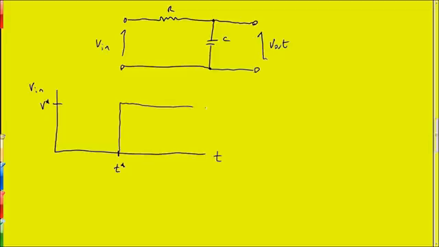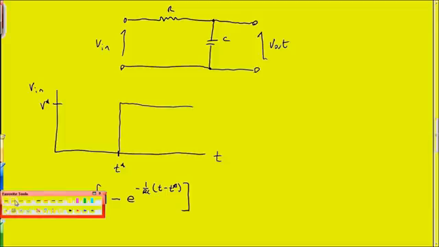Well, again, you can go through the mathematics of the differential equation, and it's not difficult to show that the solution to this equation would look like v out is equal to v star times 1 minus e to the minus 1 over RC times t minus t star. Now in general you can set t star equal to 0 without loss of generality and slide it back and forth. But since I've drawn the switch being closed at t star, we'll continue with it that way.